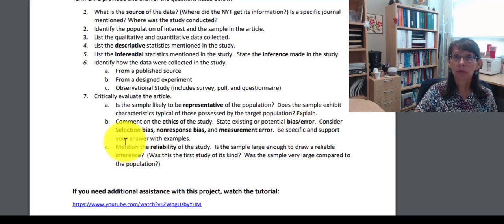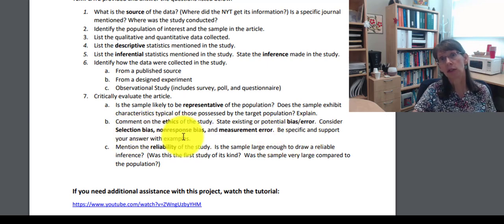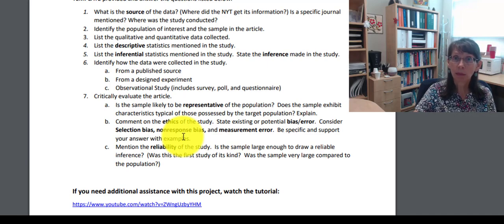Consider the three types of bias and error that we talked about in Chapter 1, those being selection bias, non-response bias, and measurement error. So be specific, don't just write selection bias. If you think there's selection bias in the article, then give specific examples of that type of bias. And finally, be sure to mention the reliability of the study, and so you'll be considering the sample size when you answer that question.